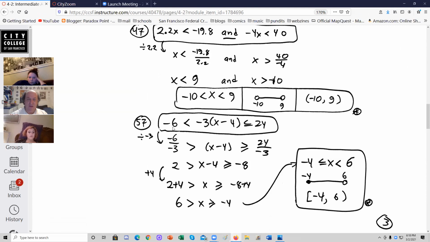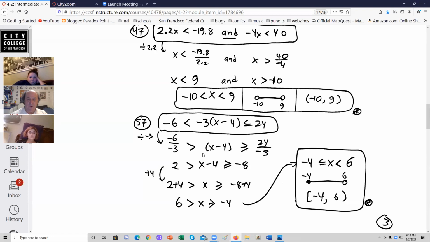Here we have negative 6 less than negative 3 times x plus minus 4 less than or equal to 24. This first step here is divide throughout by negative 3. And dividing by a negative flips a less than to a greater than, and a less than or equal to a greater than or equal. So you get negative 6 over negative 3, that's a 2, is greater than x minus 4, is greater than or equal to 24 over negative 3, which is negative 8.